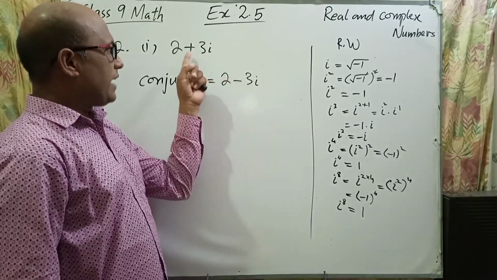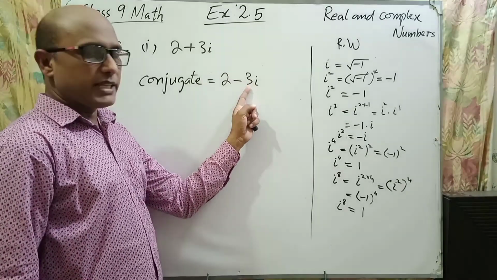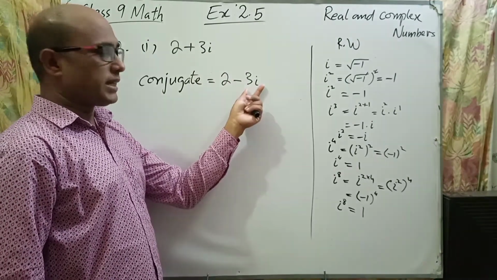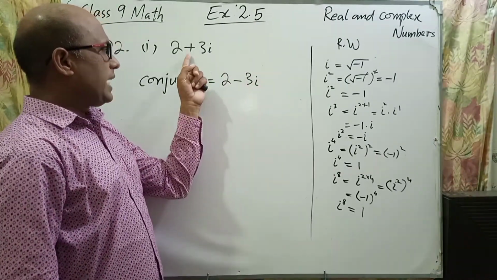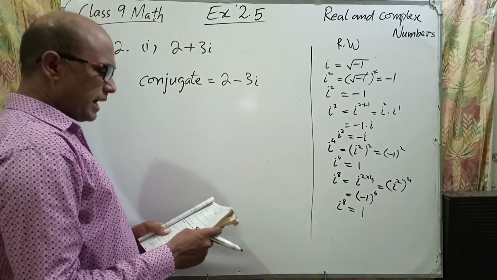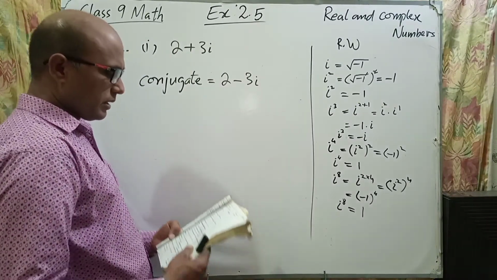We have to change only the sign with the imaginary number. Here 3 iota is an imaginary number, so we have just to change the sign of that number. All these parts are the same. We will change the sign of the imaginary numbers.